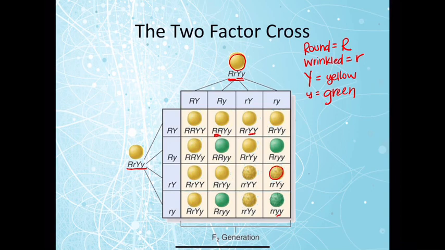Okay, so if we're trying to find the phenotypic ratios of this Punnett square, then we know that there's 4 possible combinations. You could have offspring that are round with yellow seeds.